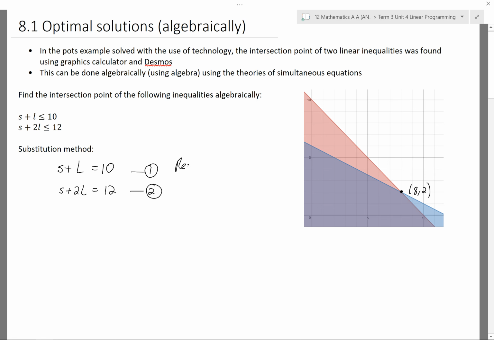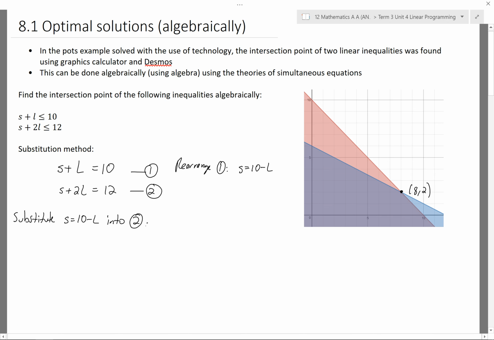I can rearrange equation 1 to get one of these variables by itself. In this case, I'll get S by itself. And now I'm going to substitute S equals 10 minus L into equation 2.